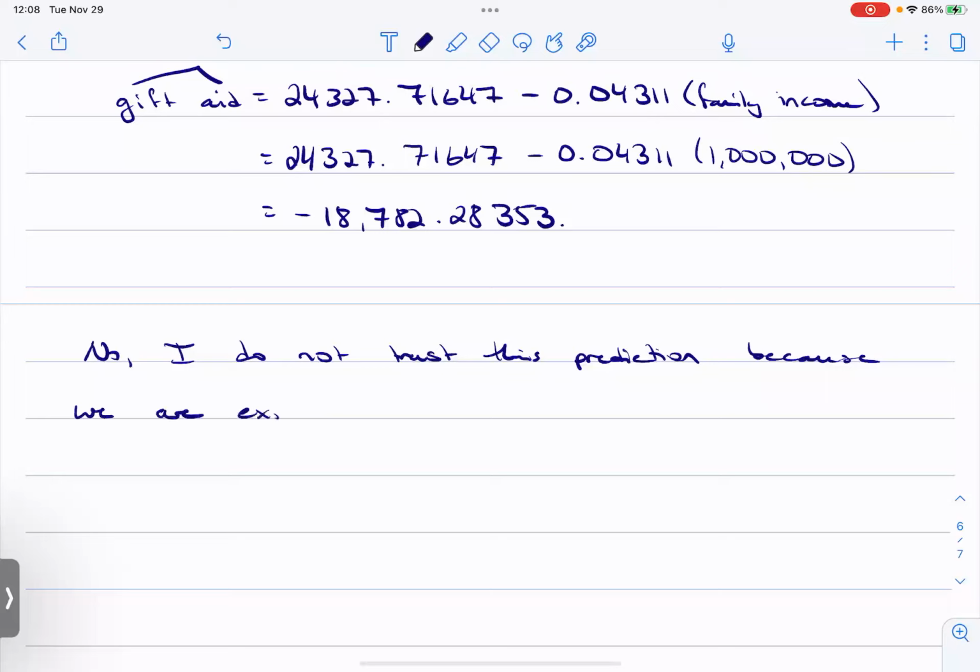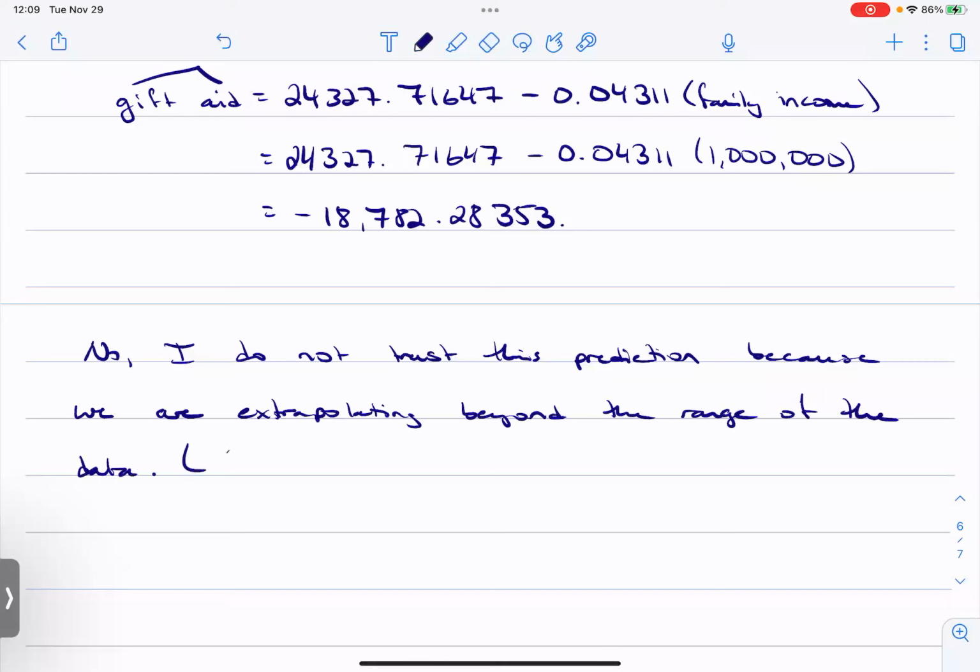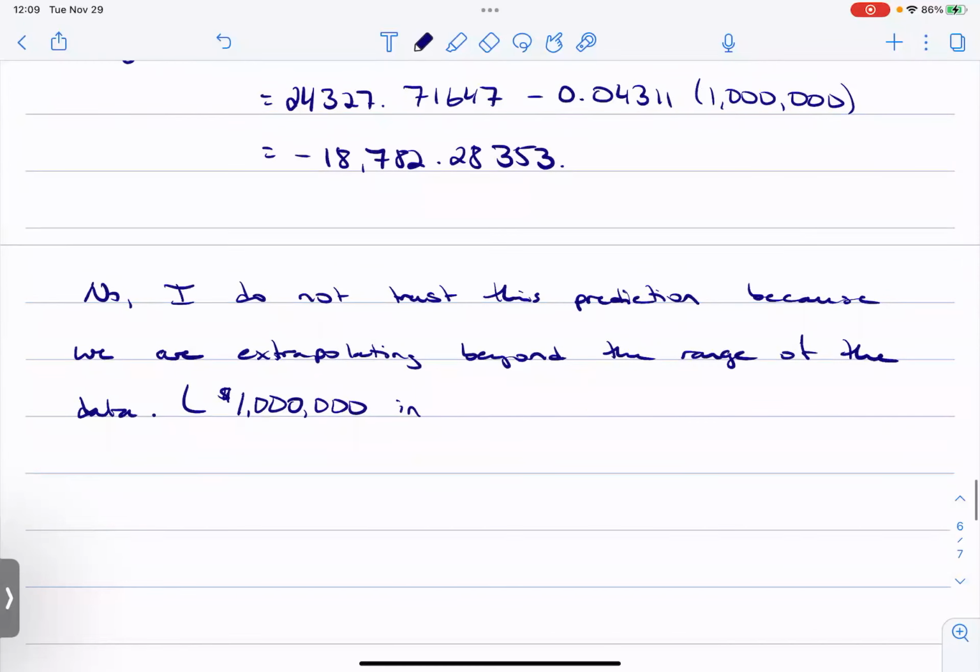Because we are extrapolating beyond the range of the data. And I'll just add in brackets here that 1 million in family income is not within the range of our X's.